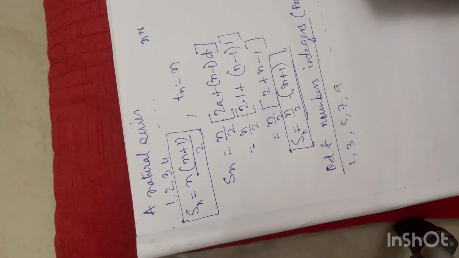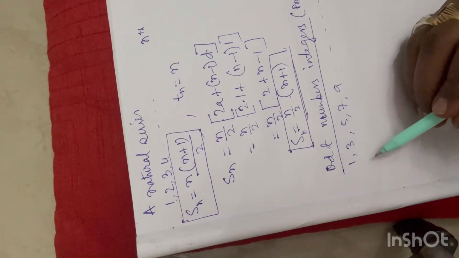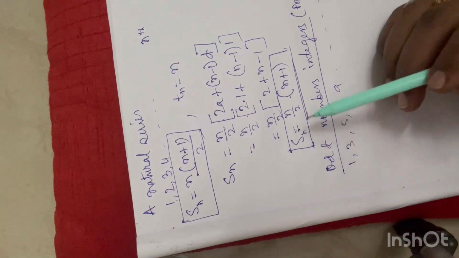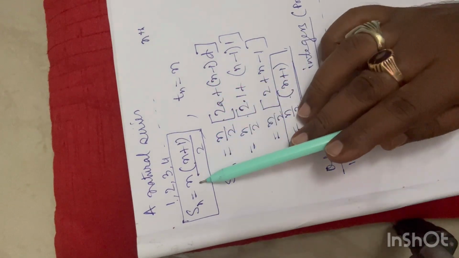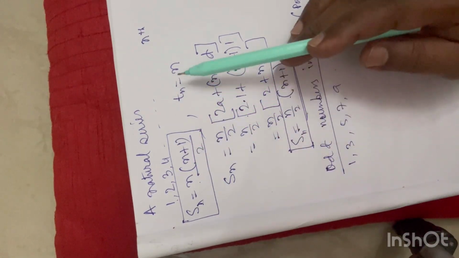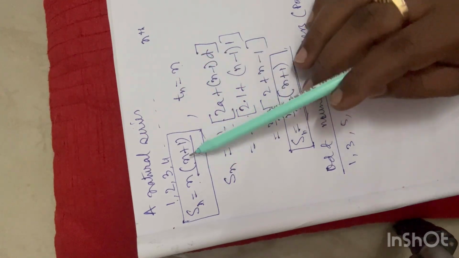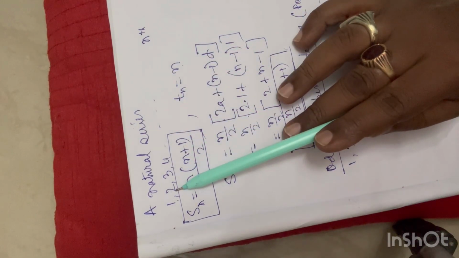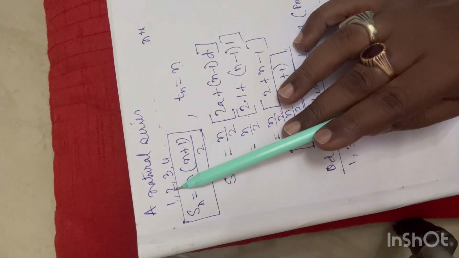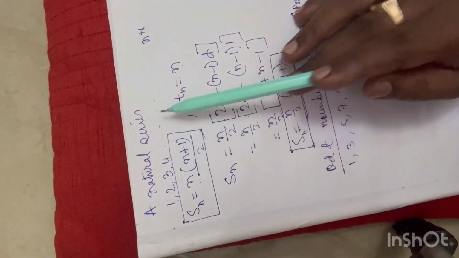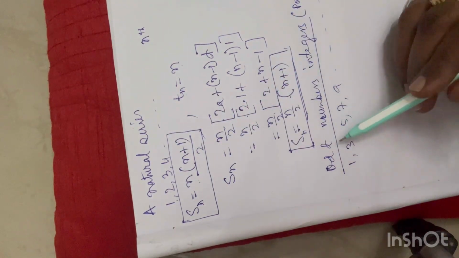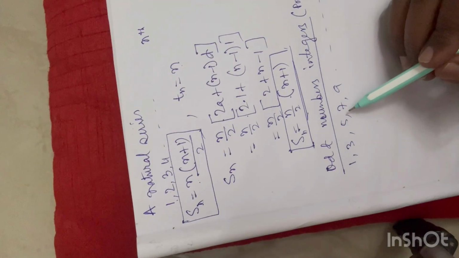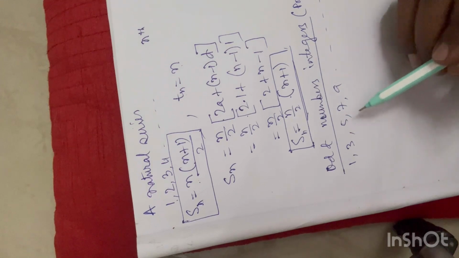Okay, now in this case, what would be the sum for this series? There are two things we have mentioned here: the sum of the series and the nth term. For the natural series it is easy to get the nth term as n, because the term number and the position are equal. Here we are skipping the even numbers, so this cannot be the same.